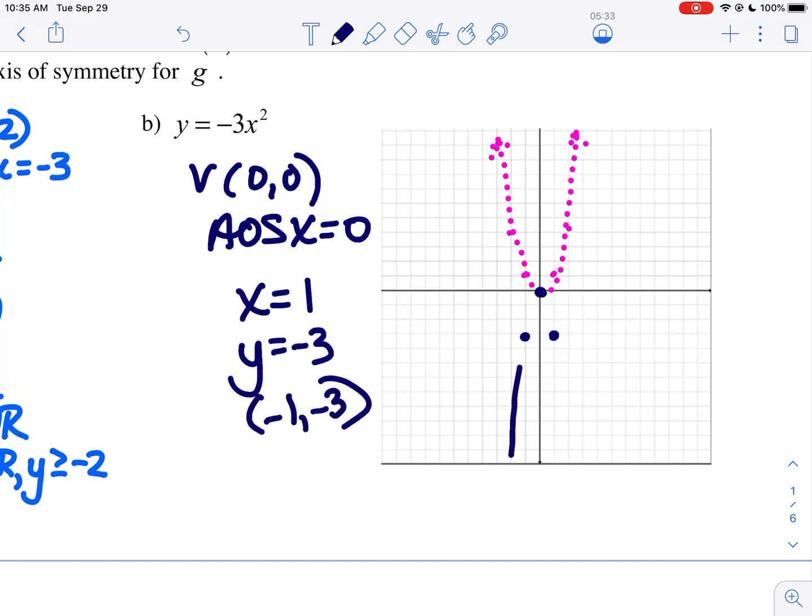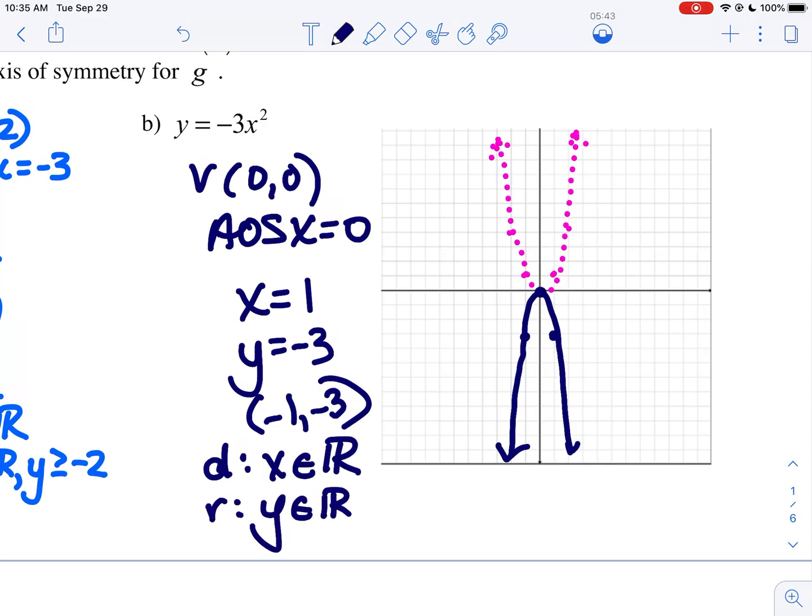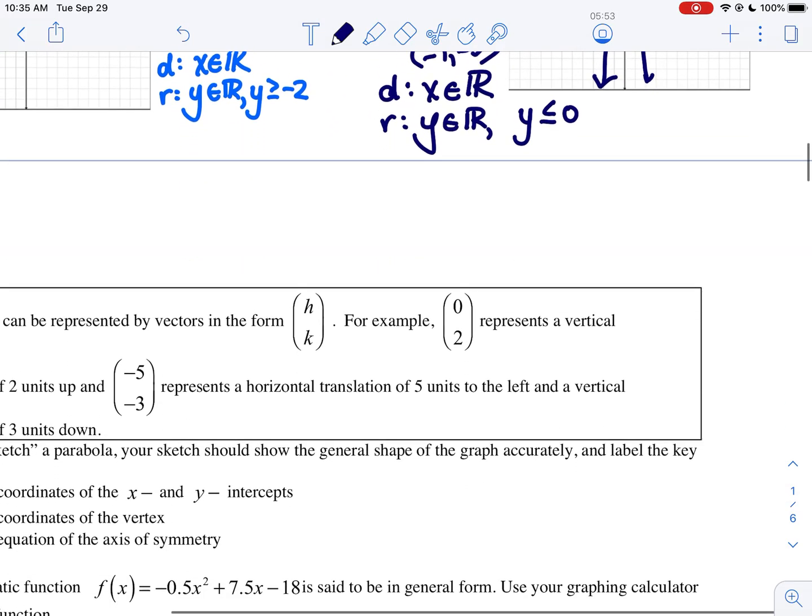This one opens down because it's reflected over the x-axis. So then the domain is x is all real numbers, and the range is y is a real number such that y is less than or equal to 0. Okay, hopefully that's bringing that back to you.